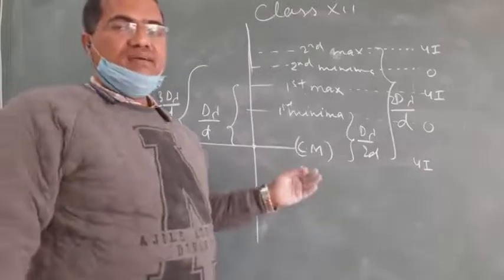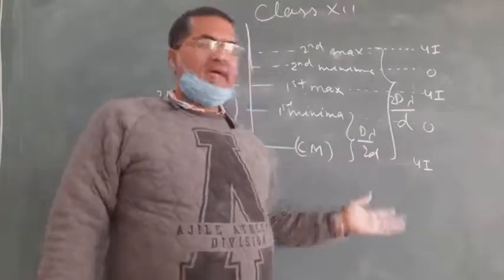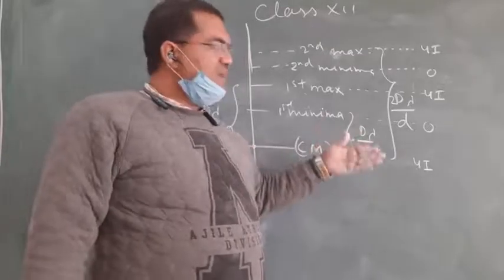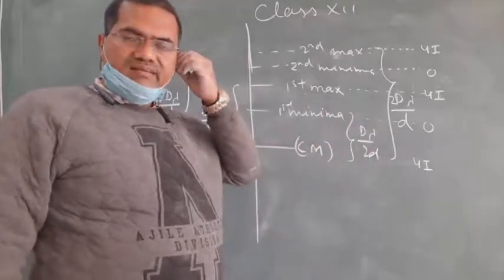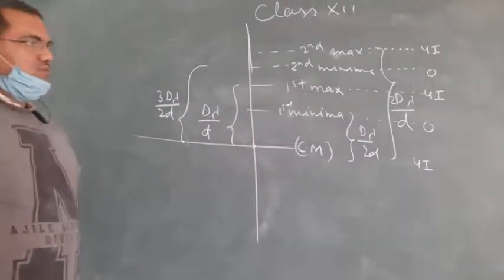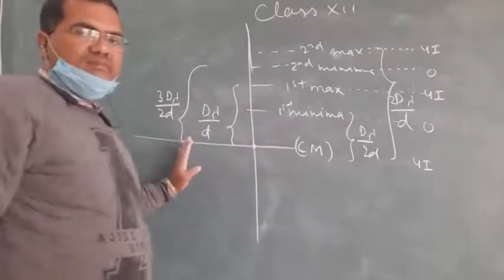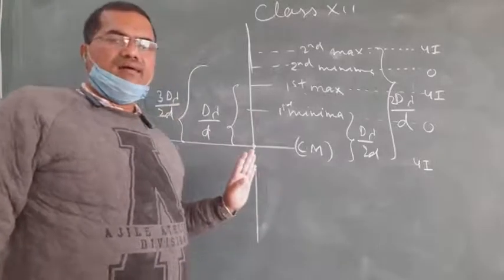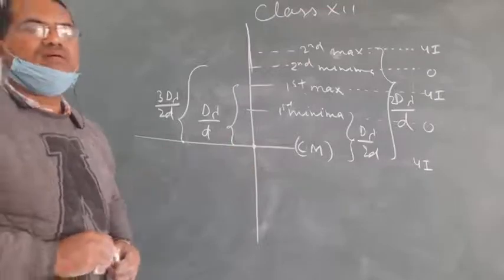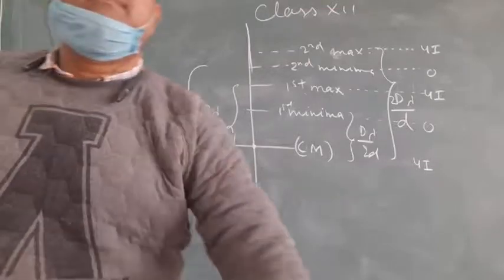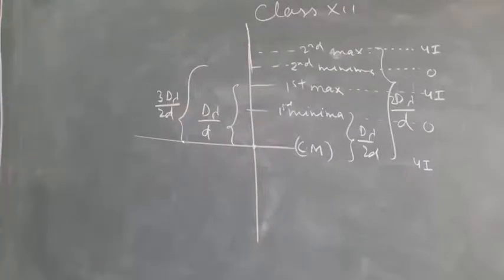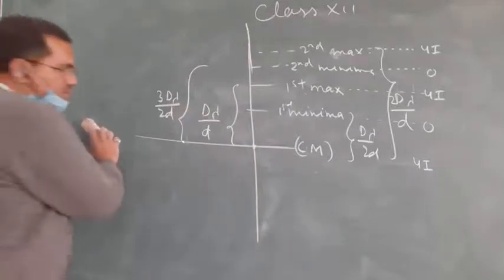So there would be intensities of 3I, 2I, 3 by 2I, varying between 4I and 0. Note it down first of all, then I will ask questions on it.